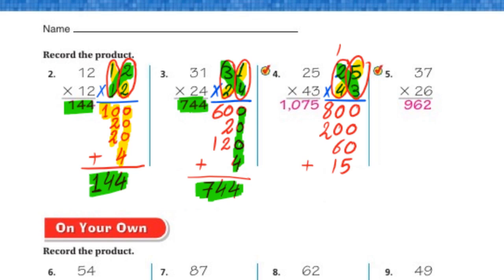Excellent. And then let's add. 5 plus 0 plus 0 plus 0 equals 5. And 1 plus 6 equals 7. And 8 plus 2 equals 10. Excellent. So our answer here is 1075.